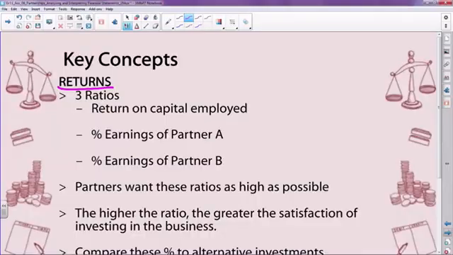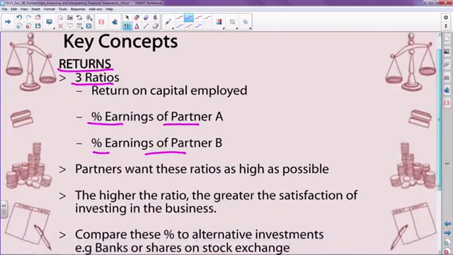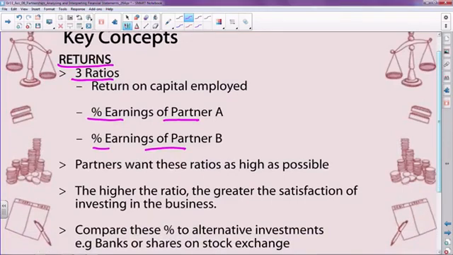So in terms of this category, there are three ratios. The first being your return on capital employed, and the next two are the percentage earning of each partner. Okay, very quickly, some points to remember when calculating these return ratios. Partners want these ratios to be as high as possible.